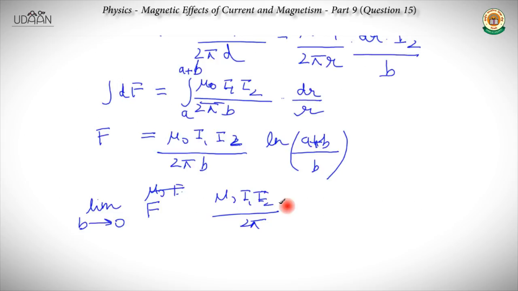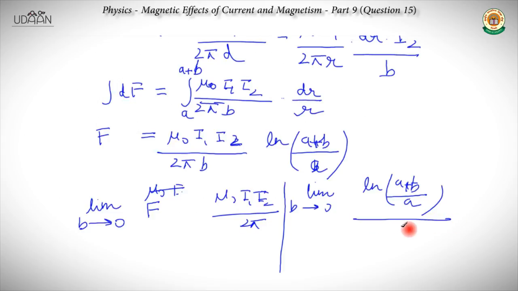We just need to find the limit as b tends to 0 of ln of a plus b, sorry, divided by a, because the lower limit was a. So this is ln of a plus b by a, whole divided by b. So this comes out to be 0 by 0 form, so we use L'Hopital's rule.